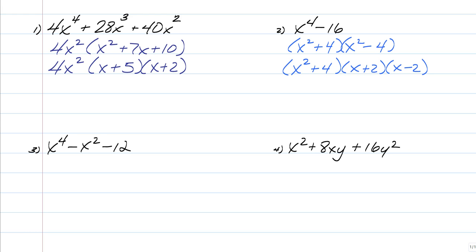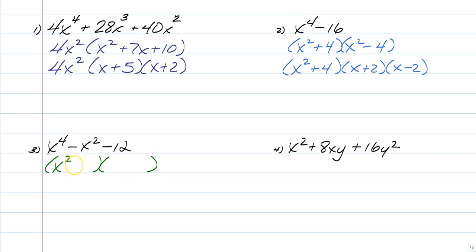So for number 3, what multiplies to a negative 12 but adds to a negative 1, x squared? Notice that the first one is in terms of x to the 4th power. We're just going to ask ourselves that same question. The only difference is we are going to factor in terms of x squared.